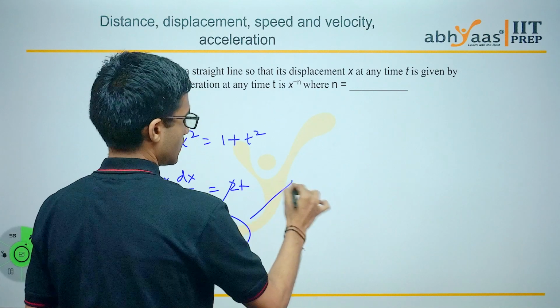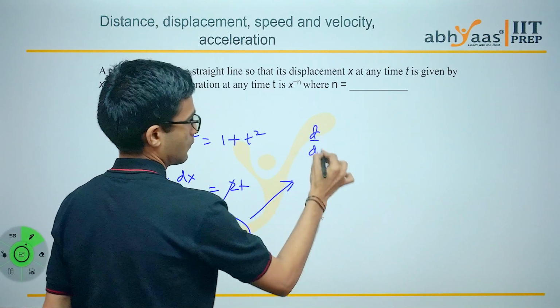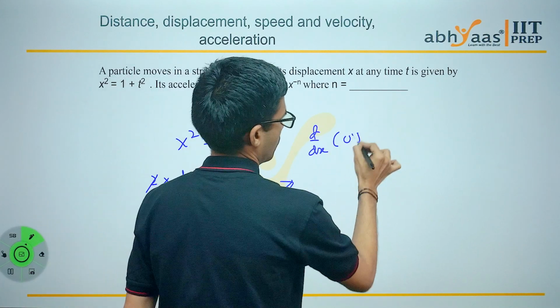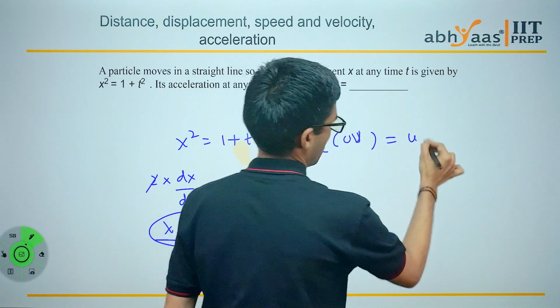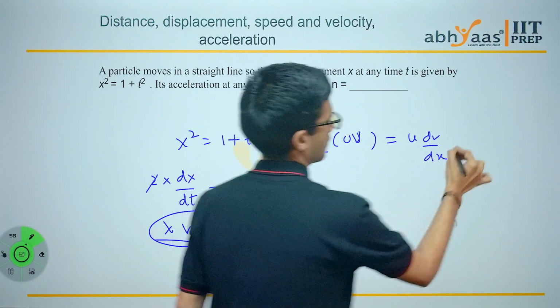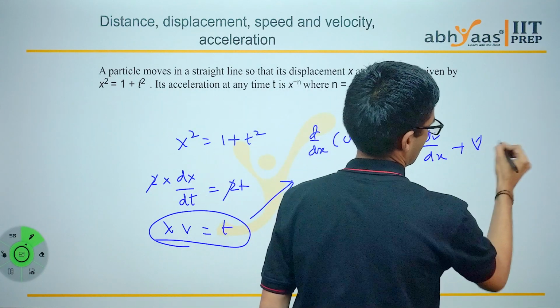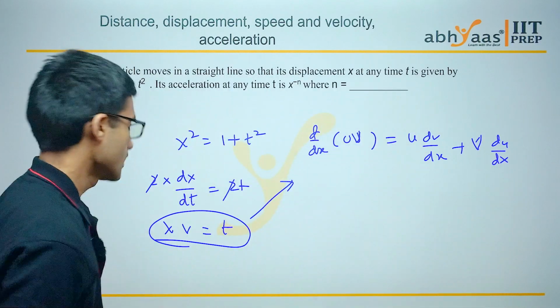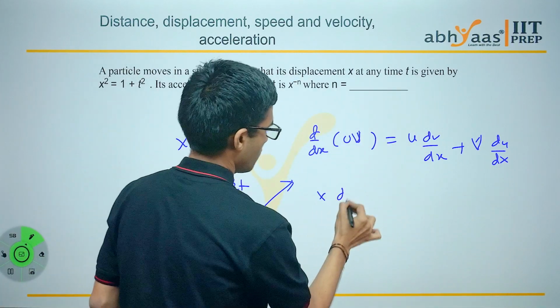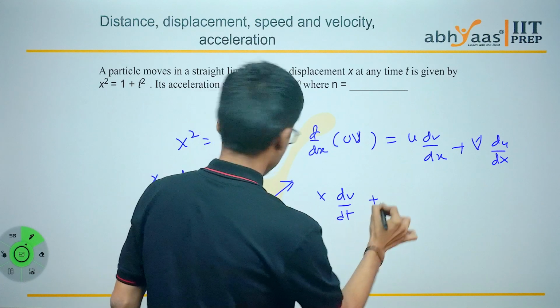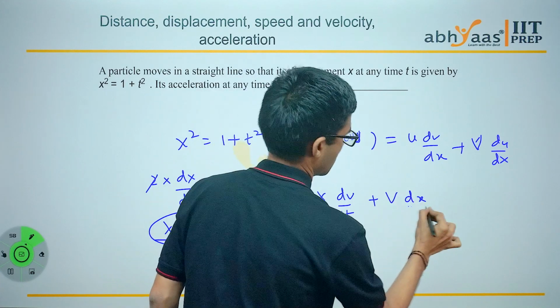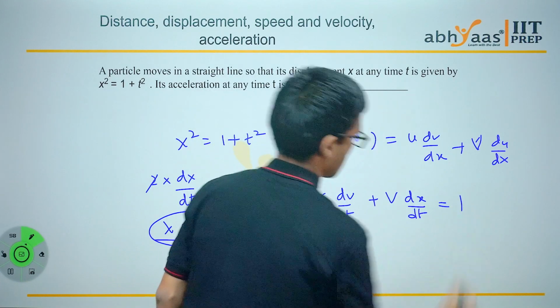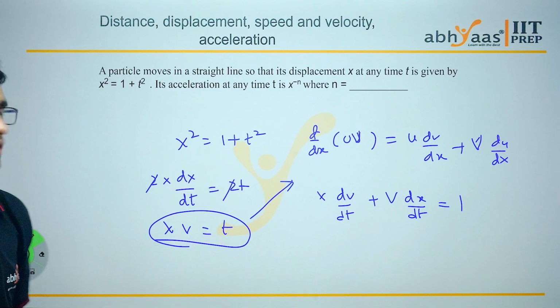Again differentiate it, using the uv formula: d by dx of uv is u dv by dx plus v du by dx. If you know this formula from differentiation, you can easily understand: x dv by dt plus v into dx by dt is d by dt of t, which is 1.